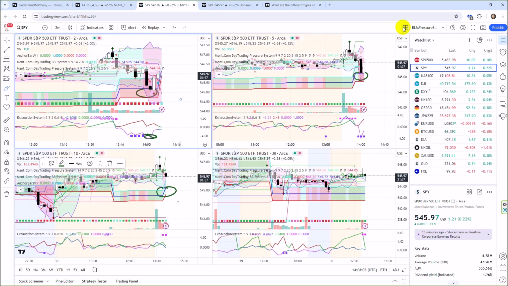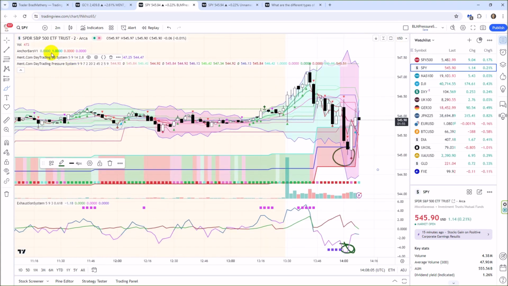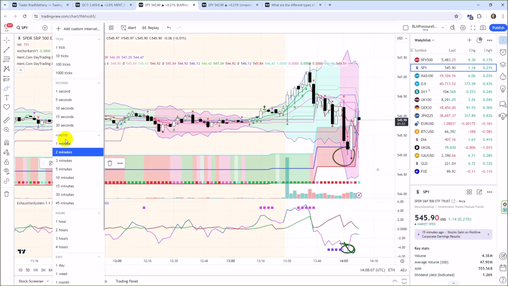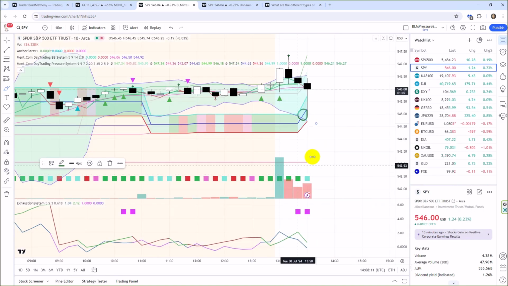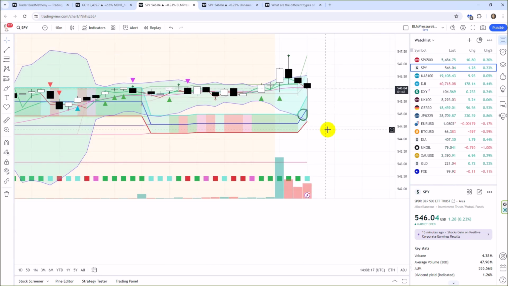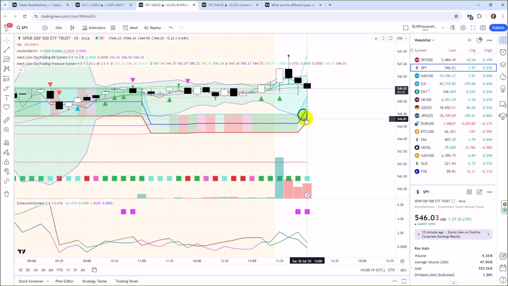In fact, watch this. If I come over here to a 10-minute, see that big, I keep drawing dots all over the place. See that big low price rejection right there? That's a beautiful price rejection. That's telling you that price could not hold down in this area.